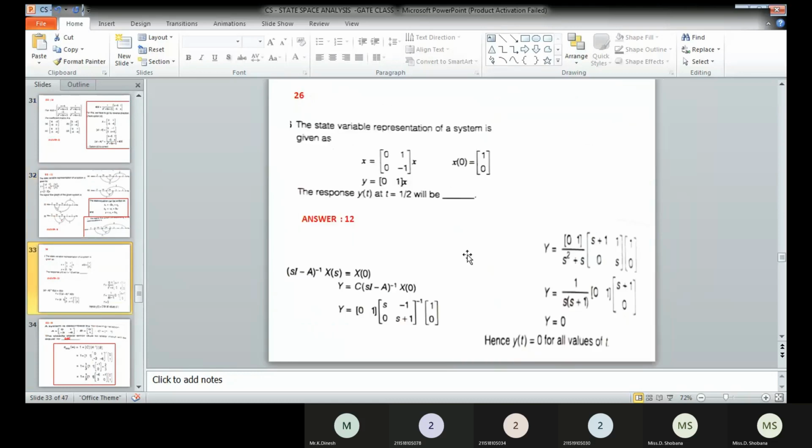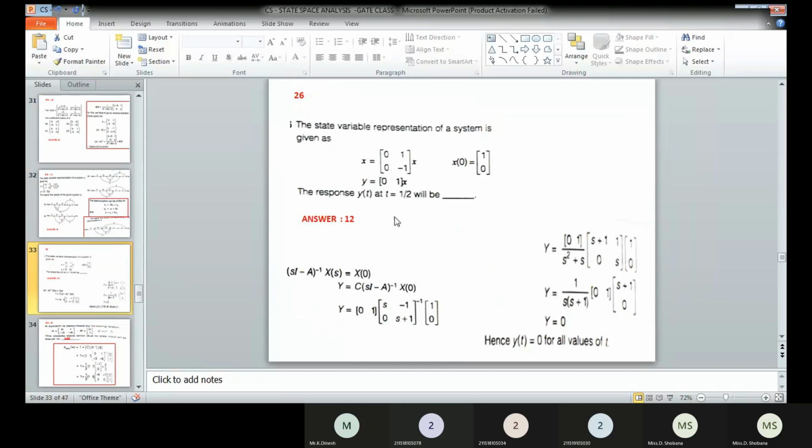And then the next problem we can discuss. Here you can see the A matrix is given, and then the initial condition is given, and the y matrix is given. We have to determine the response y of t for a particular time, t equal to 1 by 2.